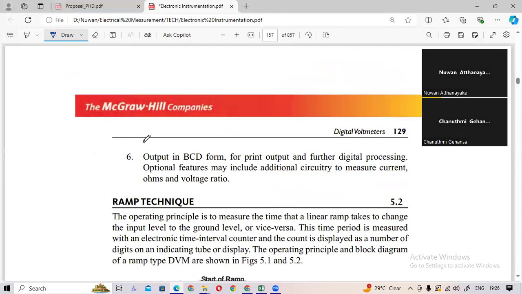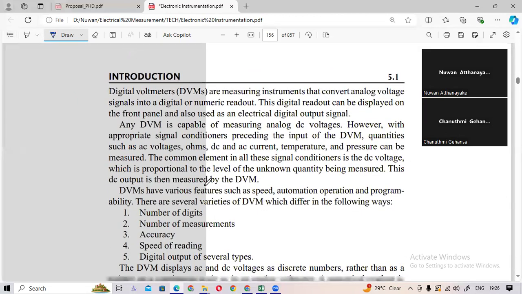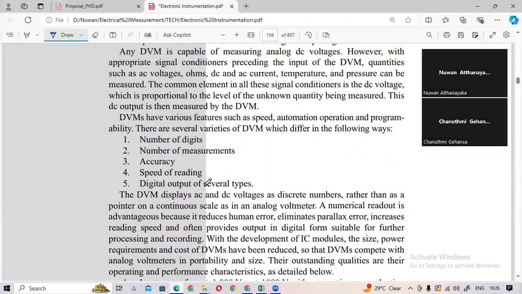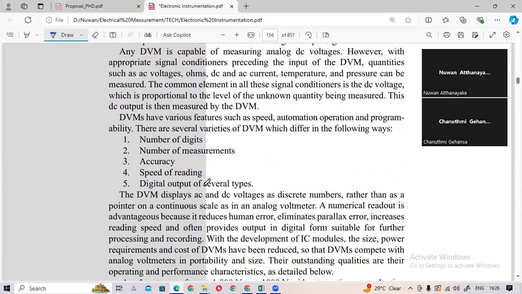If you consider a digital voltmeter, there are various features with it.